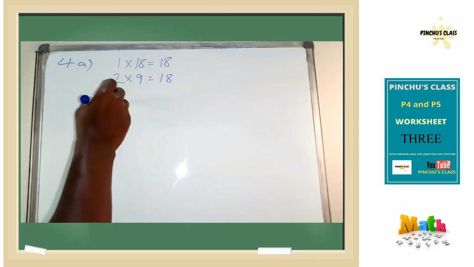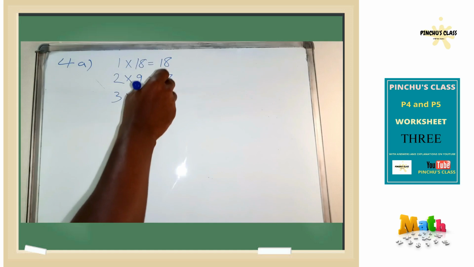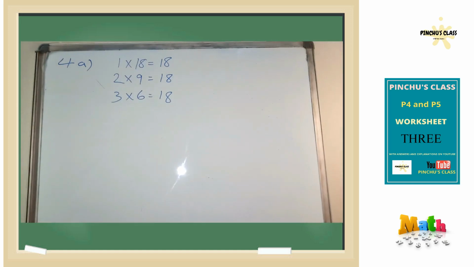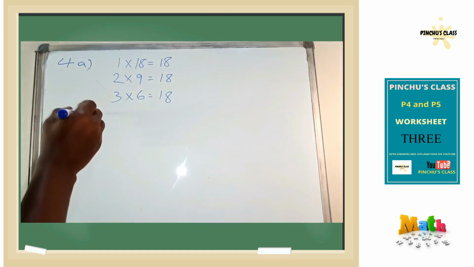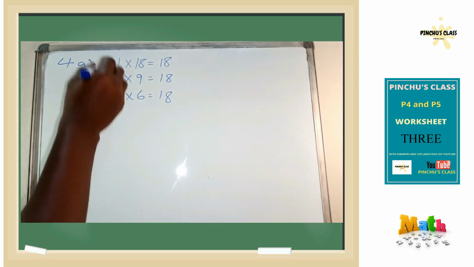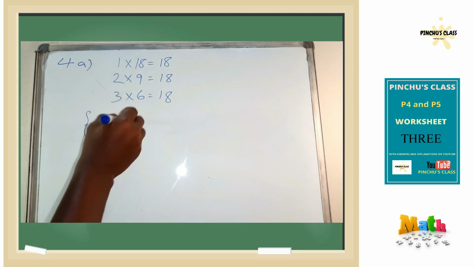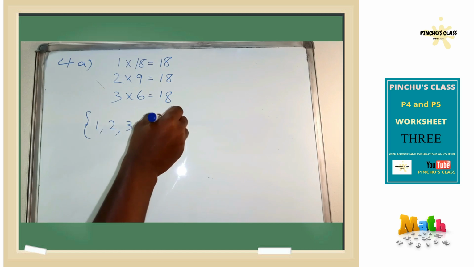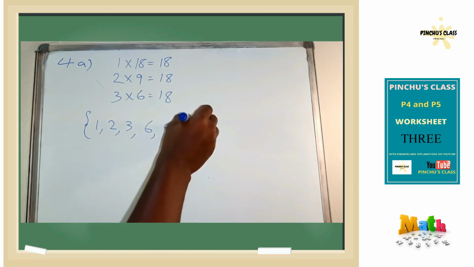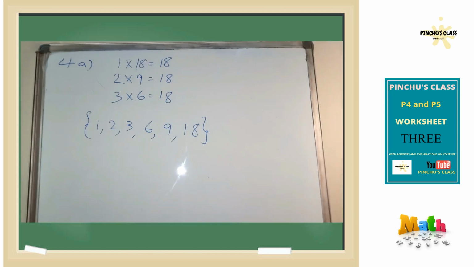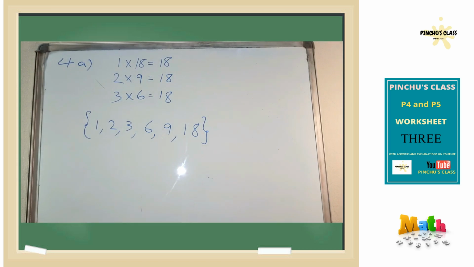Do you have any other? 3 times 6 gives us 18. Do we have any other? No, those are the only numbers. So we're going to list them down. We have 1, 2, 3, 6, 9, and then 18. Those are the factors of 18.